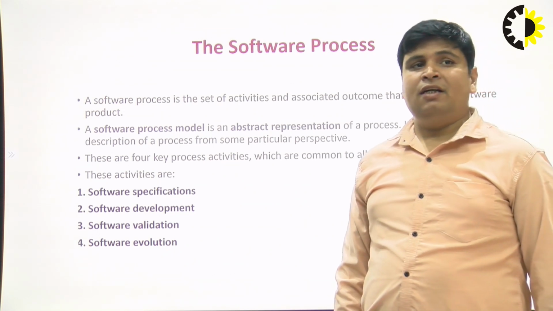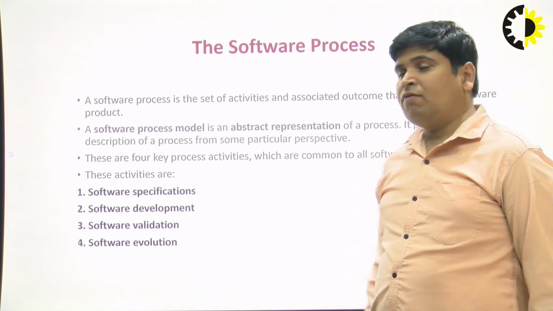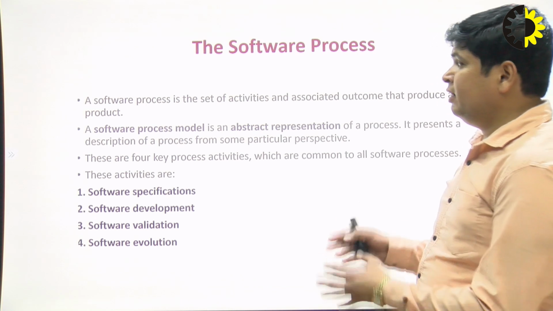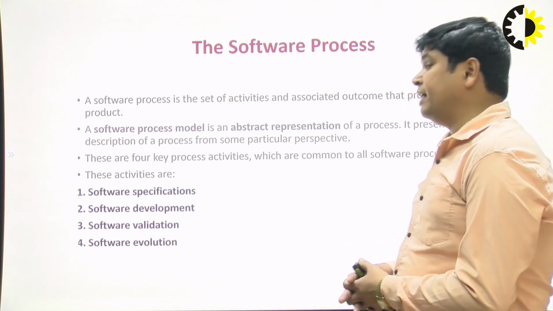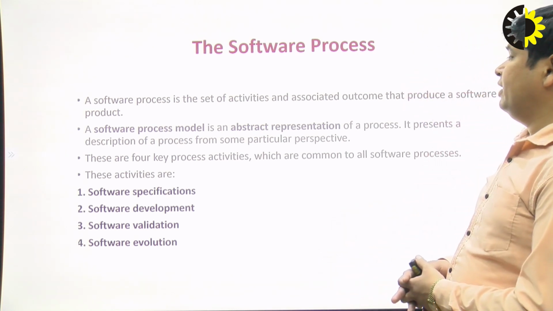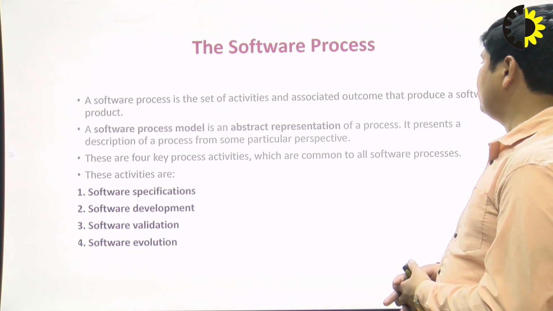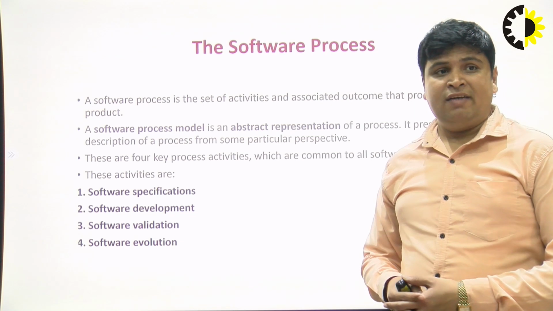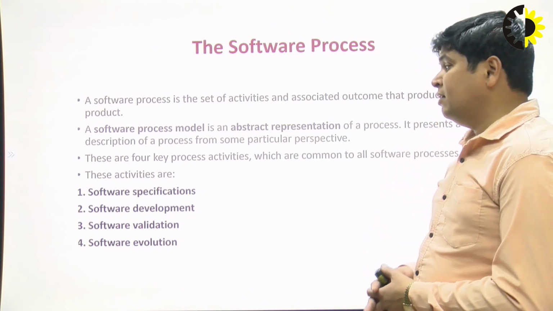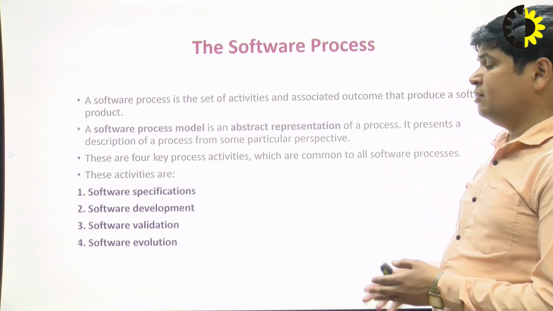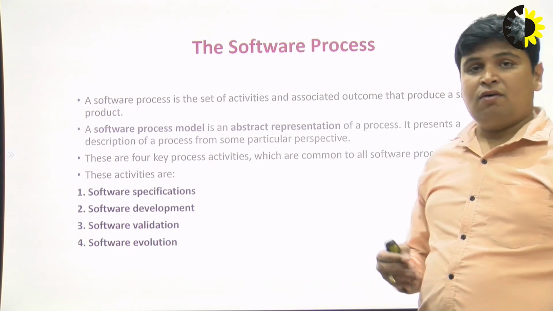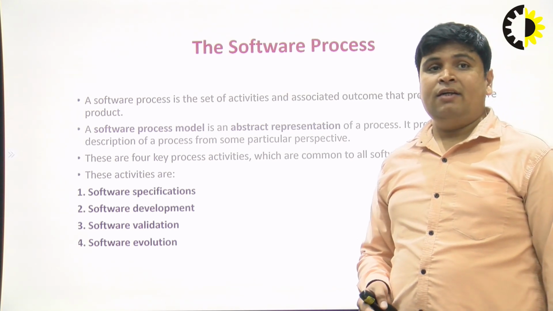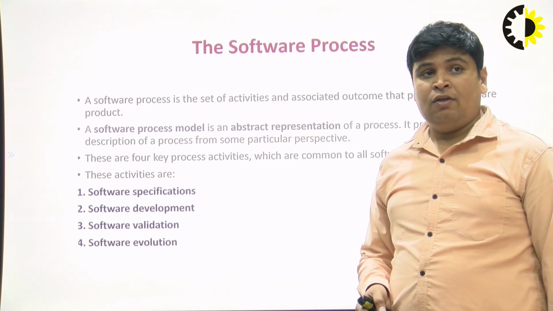Now, basically, a software process is a set of activities and associated outcomes that produce a software product. Set of activities means software specification, software development, software validation, and software evolution.